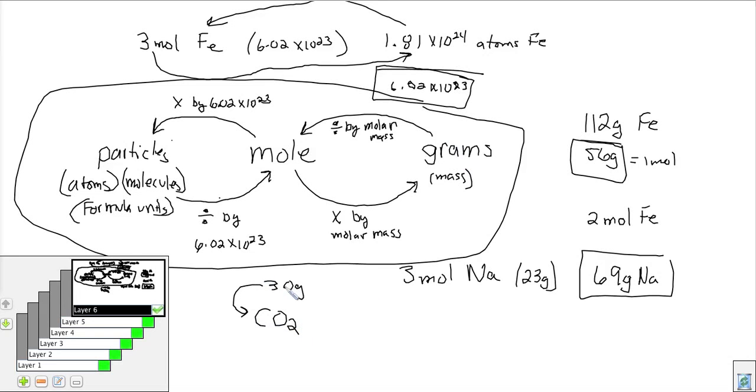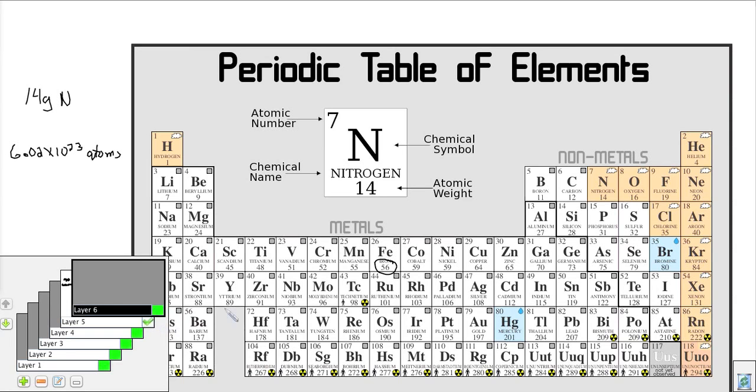The molar mass of CO2, what is that? It's pretty simple. I have 1 carbon and 2 oxygens. To figure out the molar mass, all I got to do is add those up. I have 1 carbon, so that's 12, and I have 2 oxygens, so that's 16 times 2, which is 32, plus 12, which gives me 44.